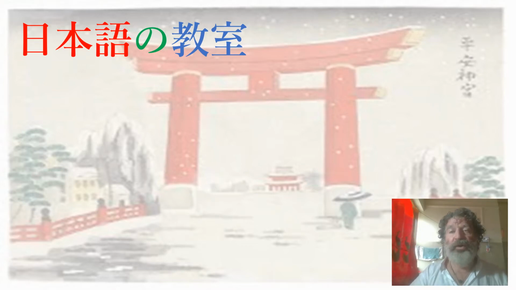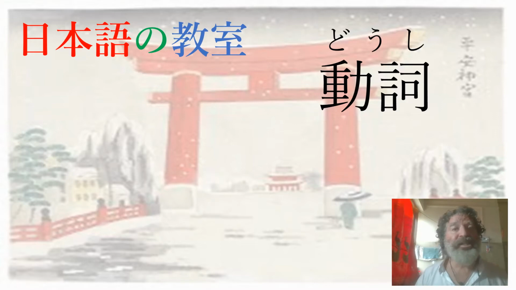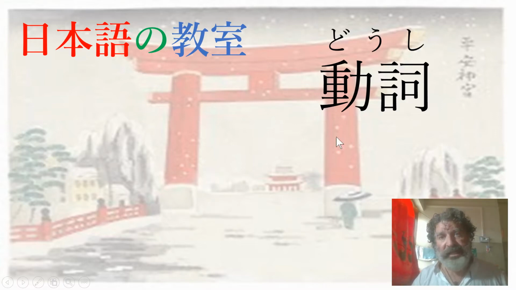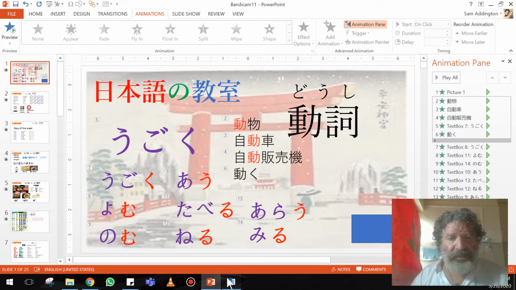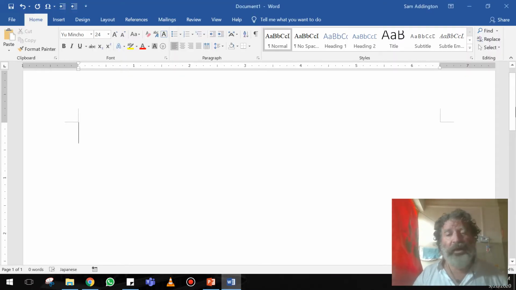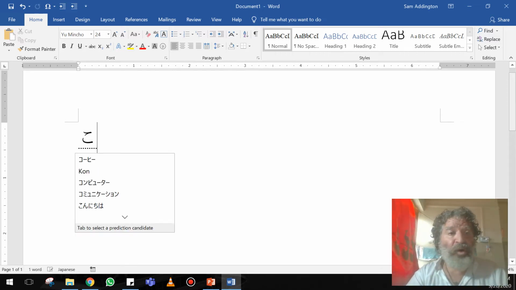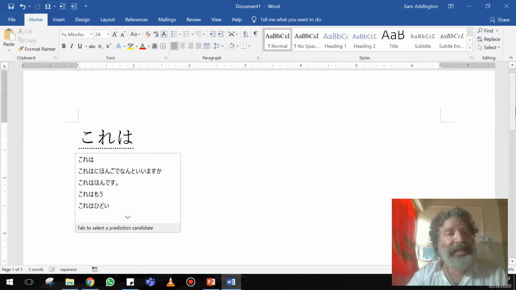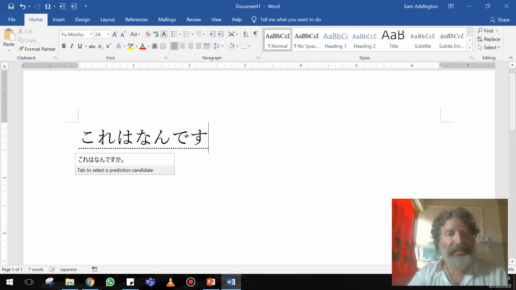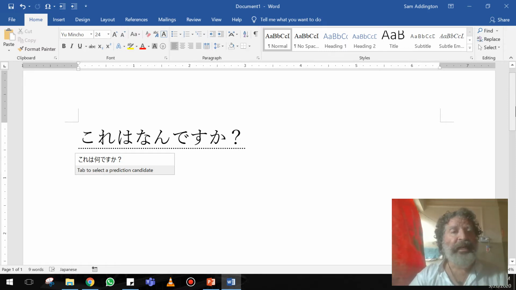動詞の話をします。Now you can see here, I've written everything in hiragana, and you can see the selection candidate that I have.